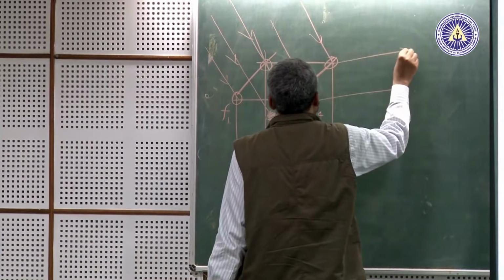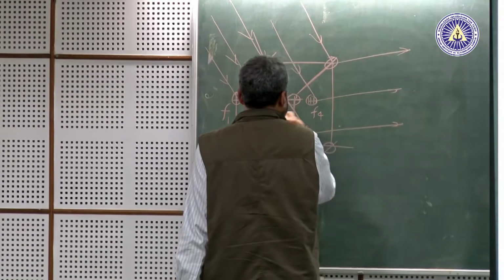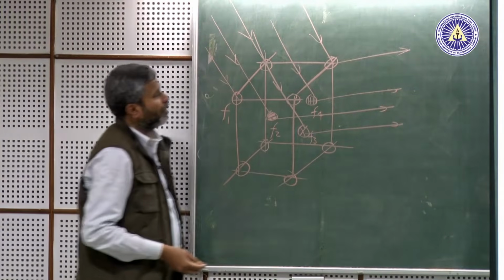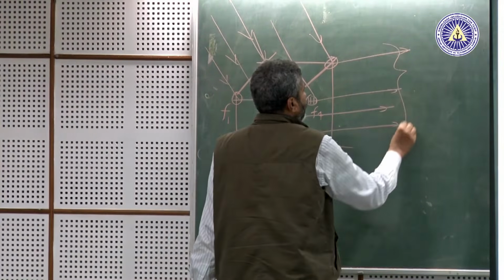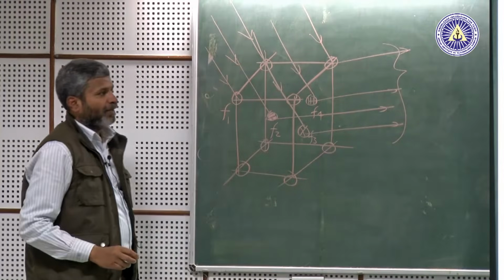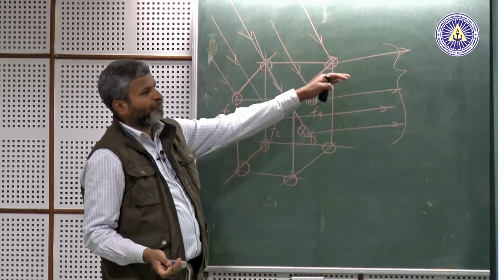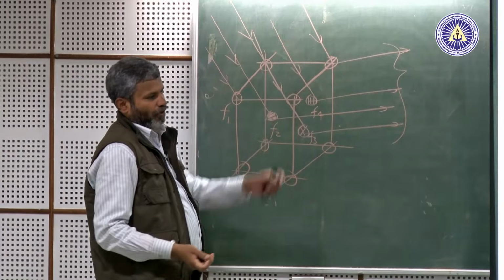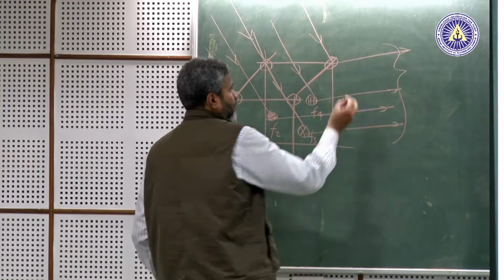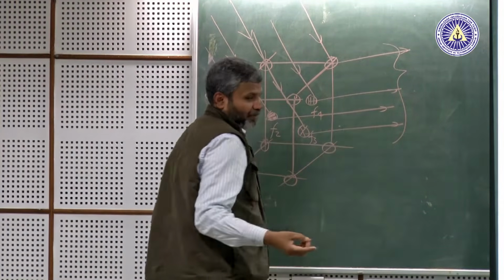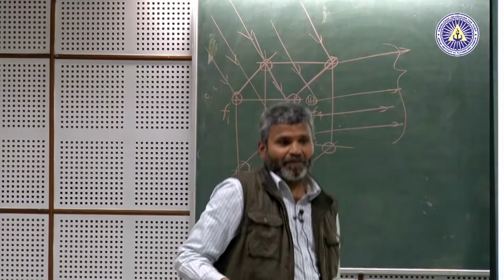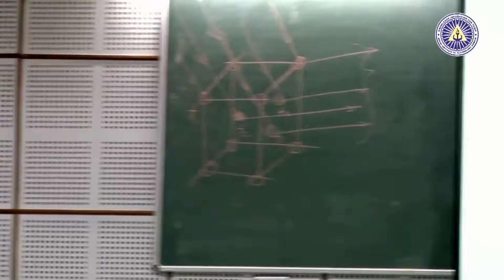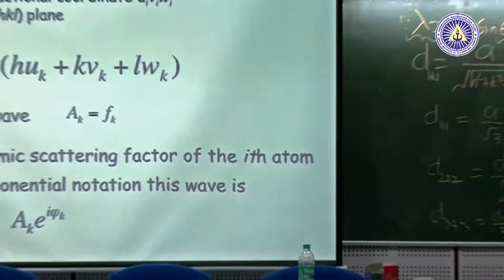Then in a certain direction, reflected from the HKL plane, we are seeing what the net result of these beams is. Are they adding or subtracting? That will depend upon the phases, because when you are adding waves, it is the phase difference which matters. So one needs to calculate the phase difference.